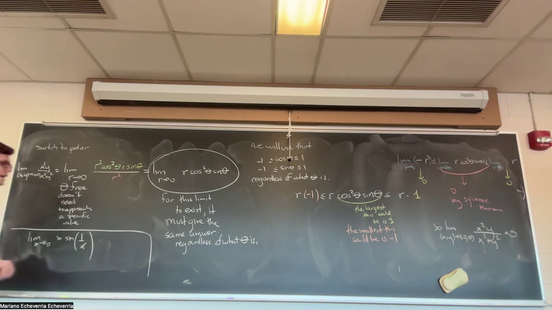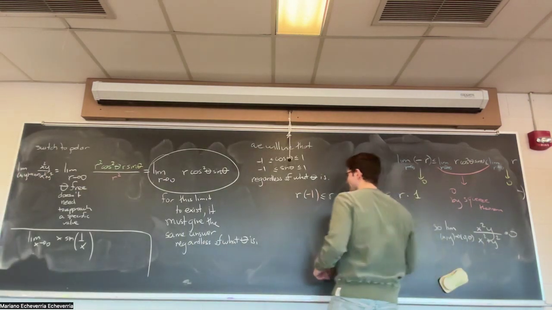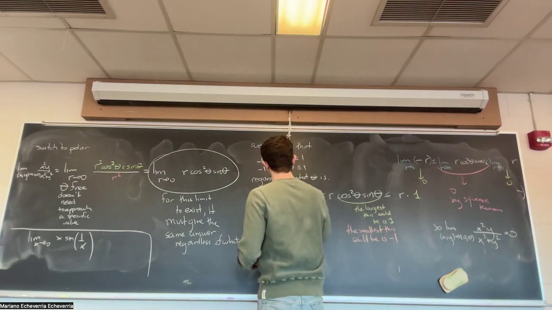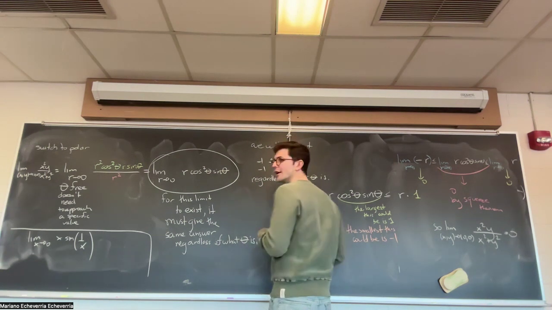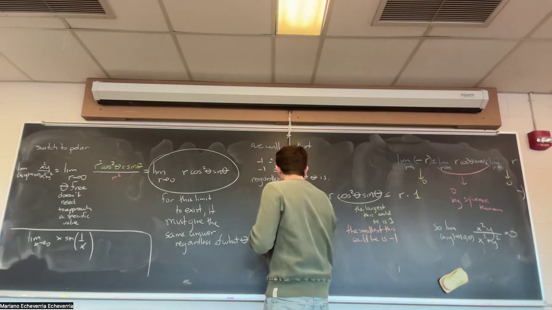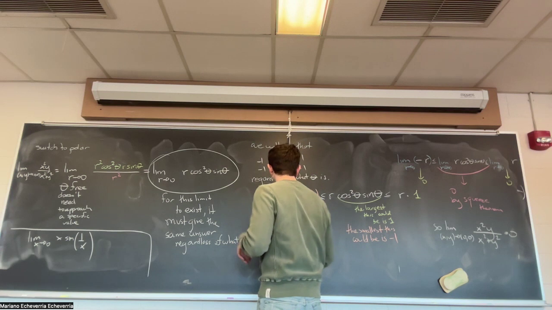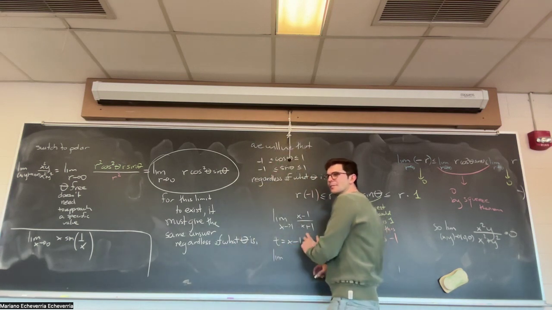So for example, if you had something like the limit as x approaches 1 of x minus 1 over x plus 1, you could make a change of variables like t equals x minus 1, which is not something you do that much in Calc 1. And so as x approaches 1, what happens? t approaches 0, right?